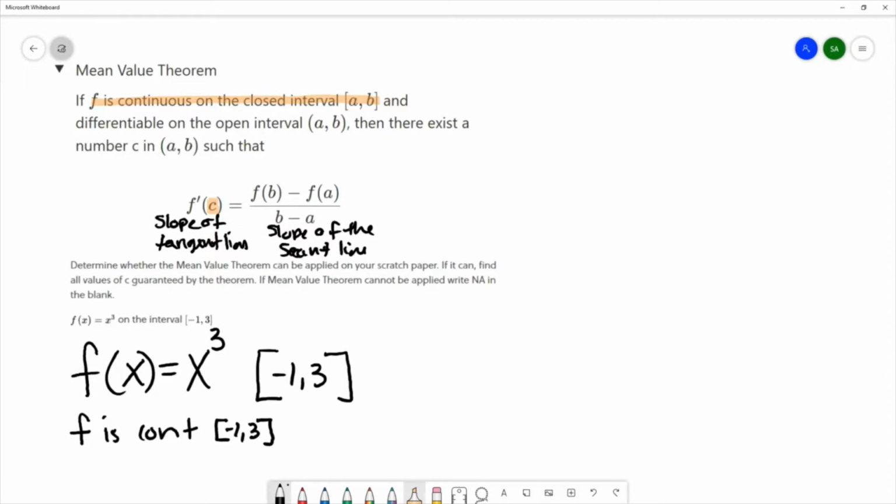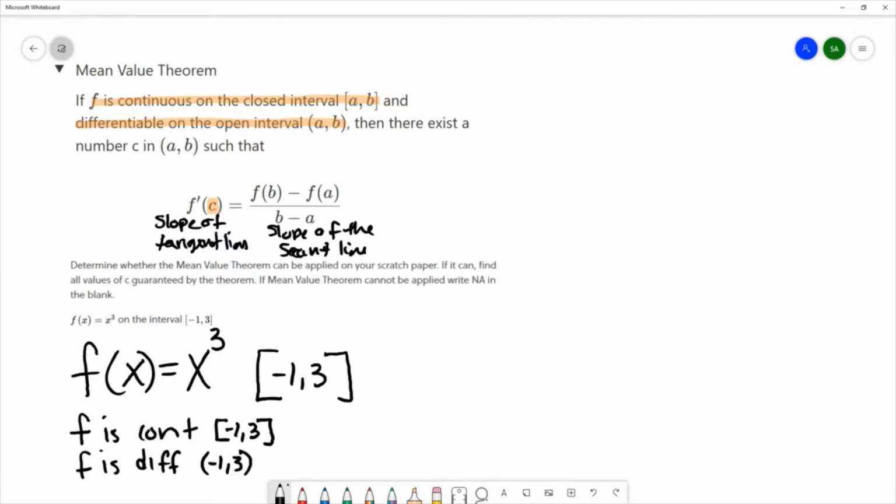Then the second condition is that our function needs to be differentiable on the open interval. Because this function is a polynomial function, it will not have any discontinuities, and it will not have any places where the derivative is undefined. So it will be differentiable on the open interval from -1 to 3.